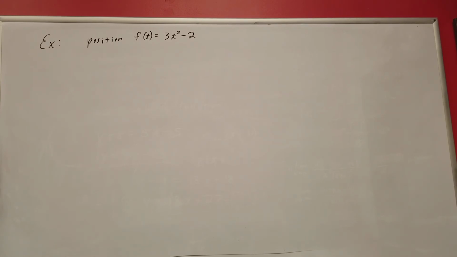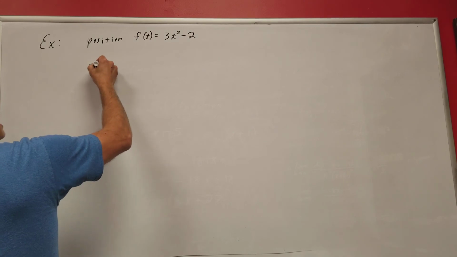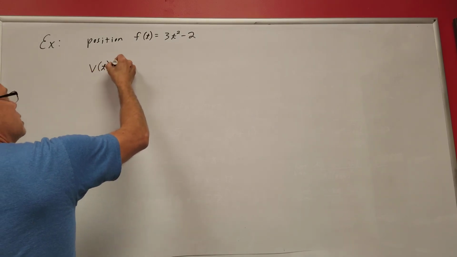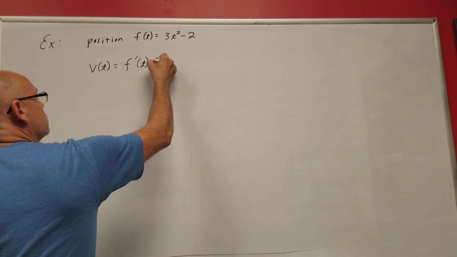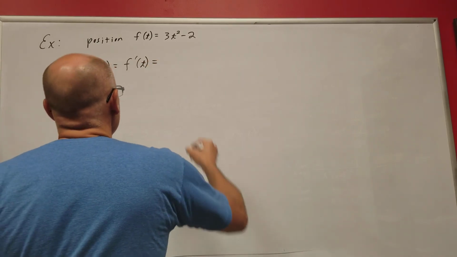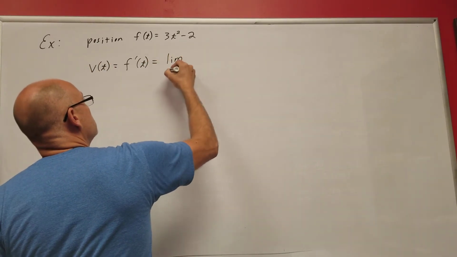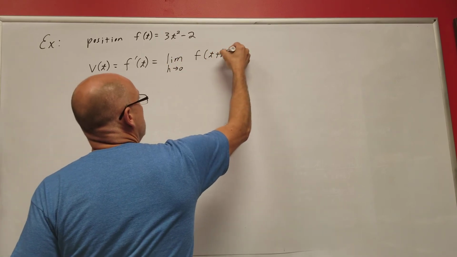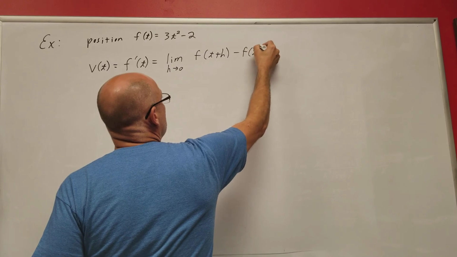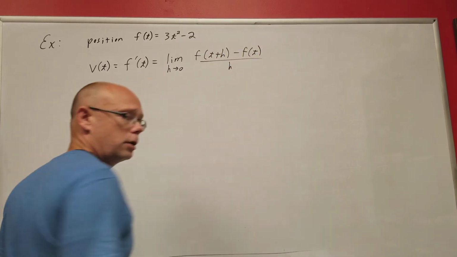The statement we just had said, if you want to find a velocity function, what do you do? You take the derivative of your position function. And how do you take the derivative of it? You say the limit as h approaches 0 of f at t plus h minus f at t all over h.